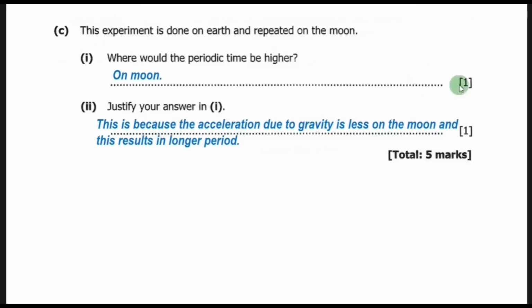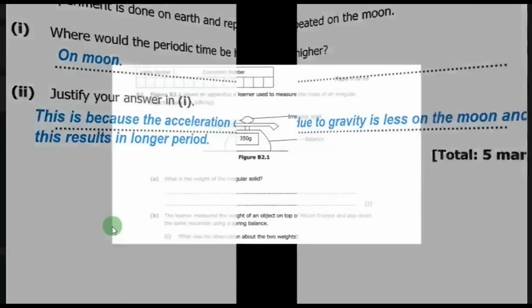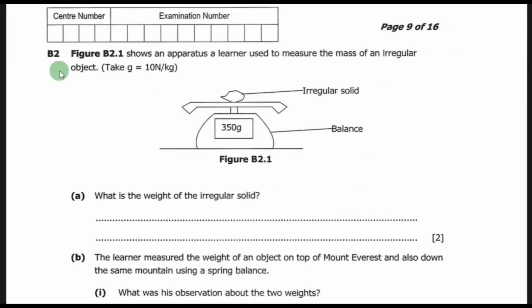Okay, so we go to question B2, which reads, figure B2.1 shows an apparatus Elena used to measure the mass of an irregular object.